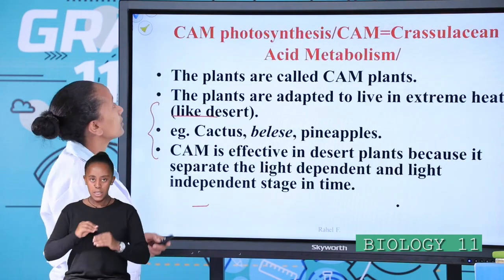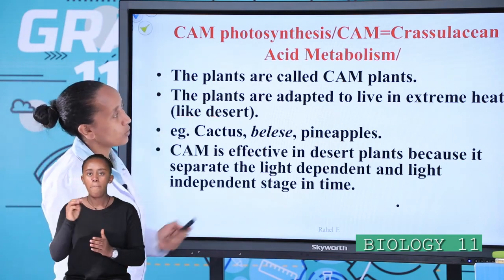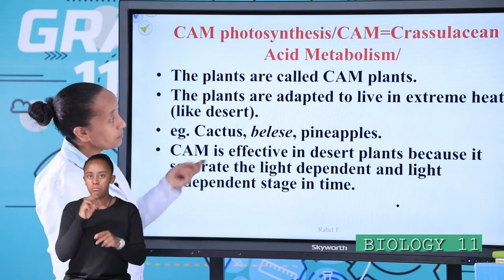The third photosynthesis is CAM photosynthesis, or Crassulacean acid metabolism.